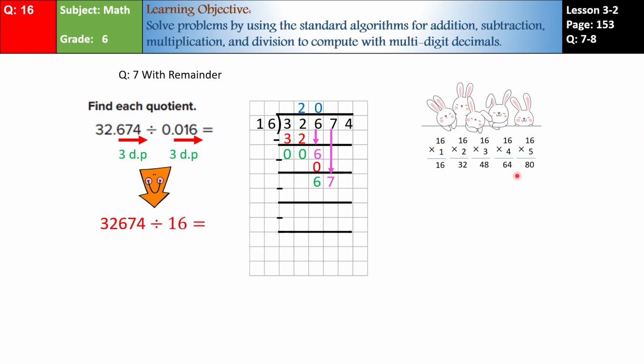Now 67, we have 64 here. 16 times 4 is 64, then 6 minus 6 is 0, 7 minus 4 is 3, so we will keep 3 here, bring 4 down. 34, 16 times 2 is 32, 2 is left, so 2 is our remainder. So we can write it as 2042, remaining 2. Another method you can use here is annexing 0, which I will do with you now in the next slide.